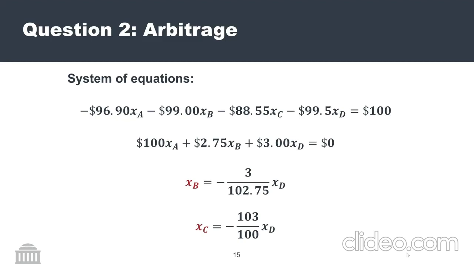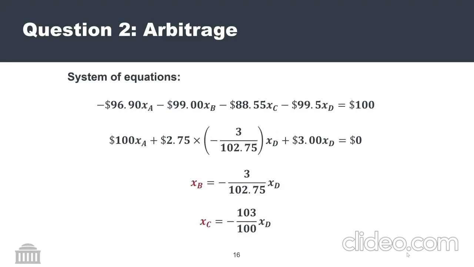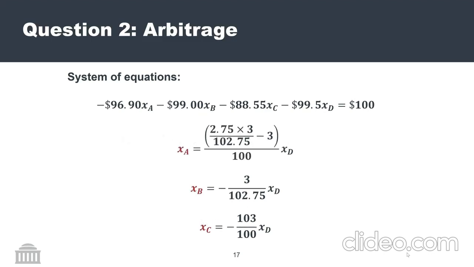It has XA, XB, and XD. So I'm going to plug XB from the third equation into the second equation, and then solve it to express XA as a function of XD. This is the first step, plugging XB as a function of XD into the second equation, and then the next step, solving for XA.